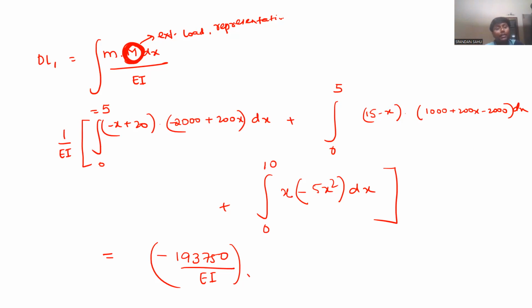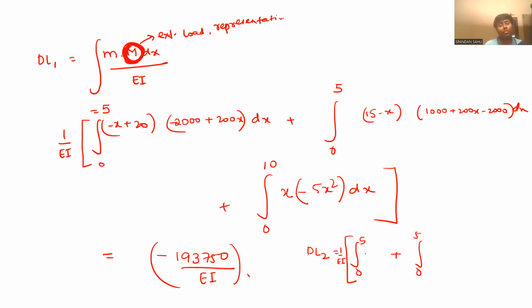Now, once DL1 is known, you need to find DL2 also. DL2 is much simpler, because everywhere there is 1, 1, 1. Everywhere 0 to 5, it is 0 to 5.